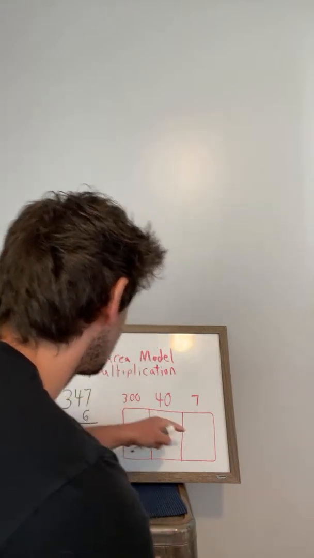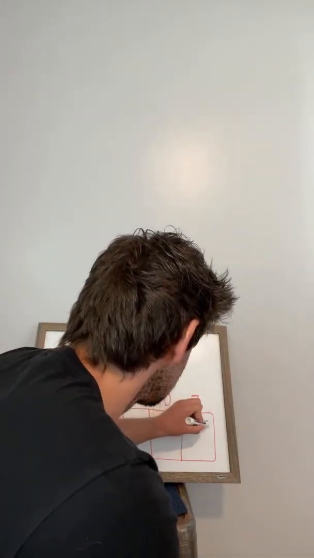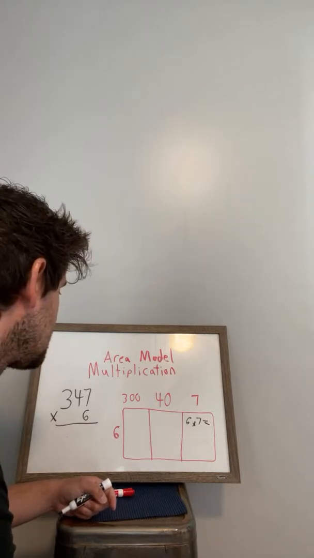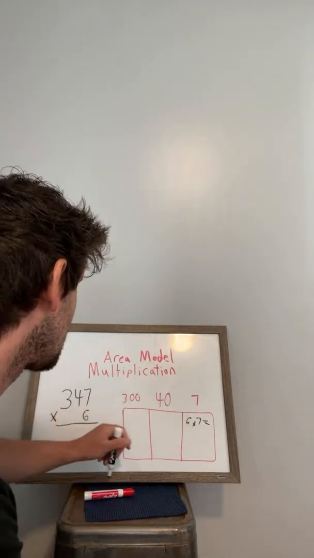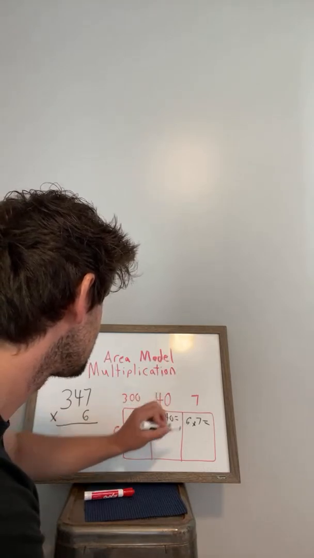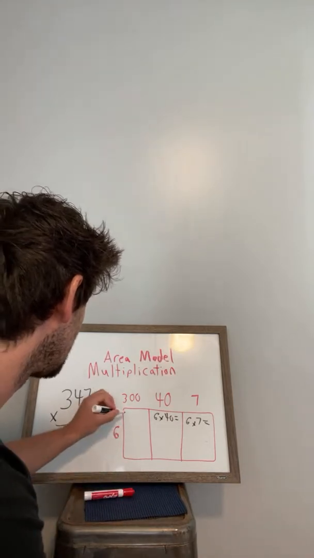So this box right here, we're going to multiply 6 times 7. In this box, we're going to multiply 6 times 40. And in this box, 6 times 300.